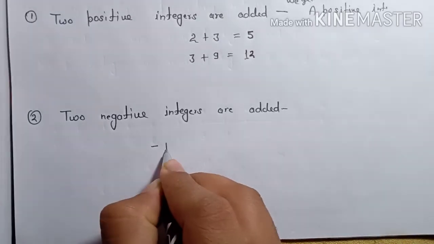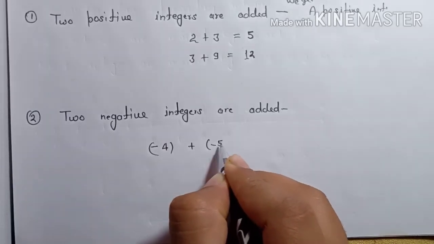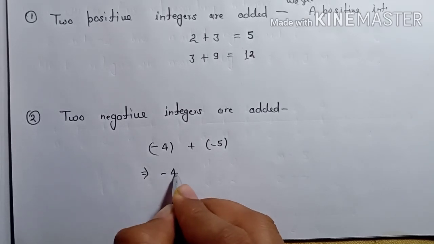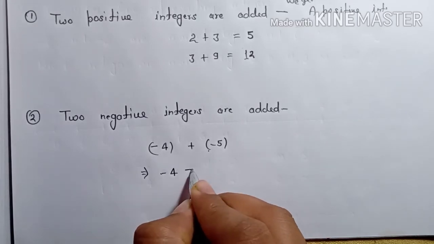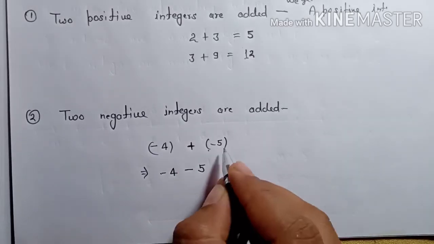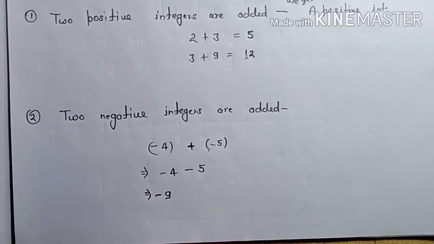If you add two negative integers, say minus 4 and minus 5, eventually they will be minus 4, and when you remove this bracket, that will be minus 5. Here this plus and this minus make it minus, and this is minus 5, and the answer is minus 9.